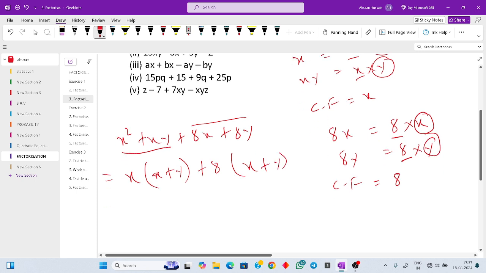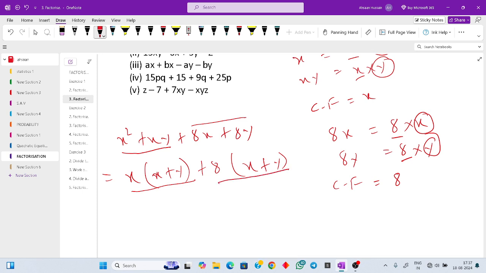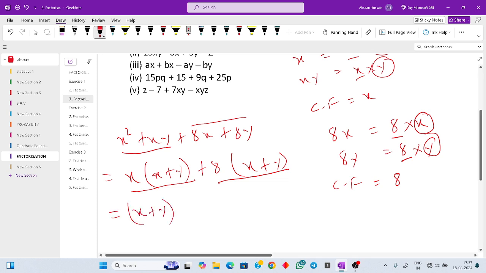Now from four terms, it has reduced to only two terms. This is the first term and this is the second term. Now see what is the common between these two terms. The common is x plus y, right? So we'll take x plus y as common. And after taking x plus y as common, what is left here? This x is left. And what is left here? Plus 8 is left.